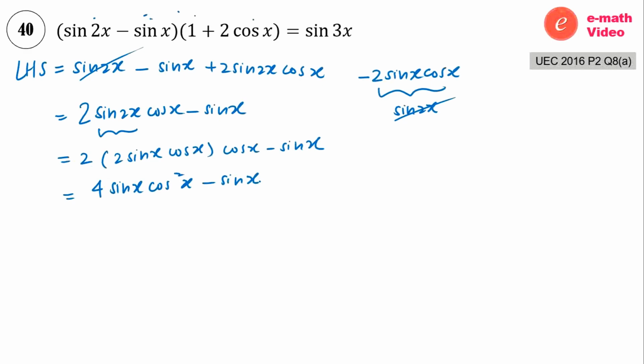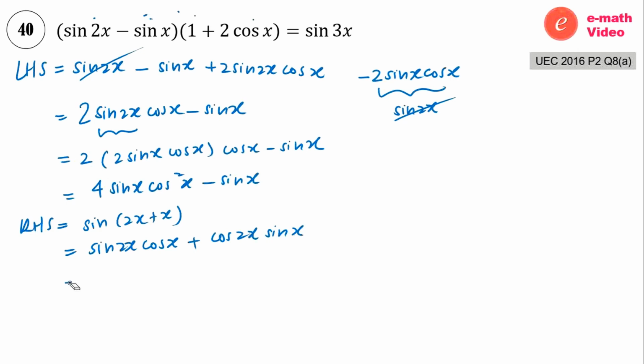Okay, we start from right hand side. Right hand side equals to, I told you, sine 3x is sine 2x plus x. You should know that already. Then the addition formula for sine: sine 2x cos x plus cos 2x sine x.